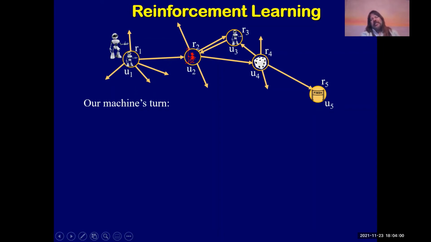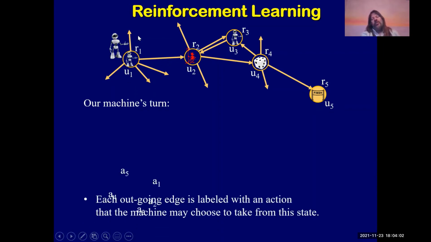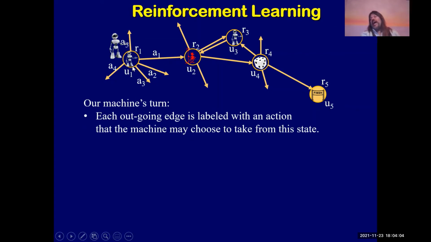And he has to decide which of these edges coming out, each an action he could take. I could move this piece, I could move this piece, I could move this piece. And of course, if he took that action, it changes things. The U's tell me where all the pieces are. And if I take this action, then it tells me where all the pieces are going to be after I do move that piece.